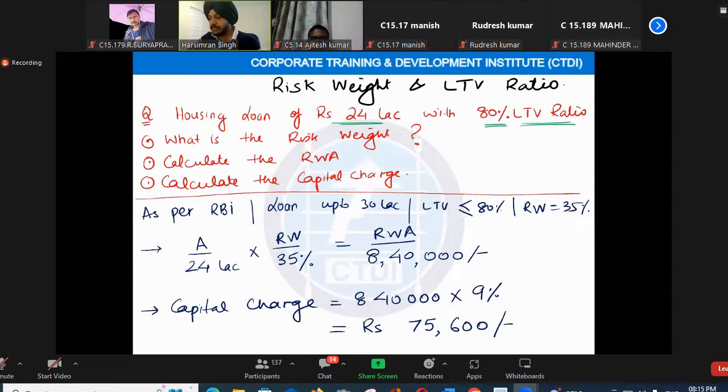First question, what is the risk weight? What is the RWA? What is the capital charge? You can get this question in 2 or 3 marks.